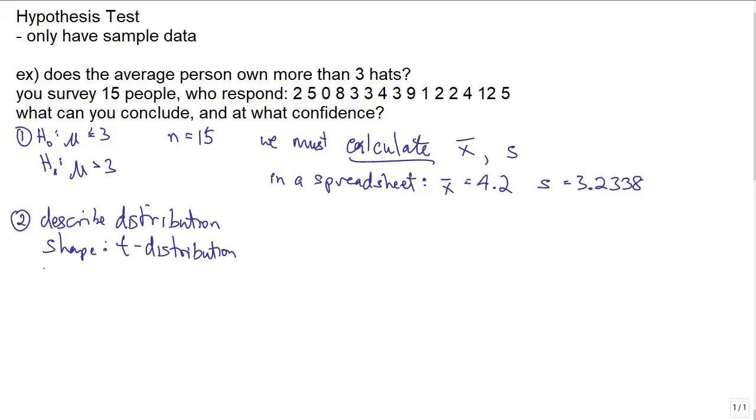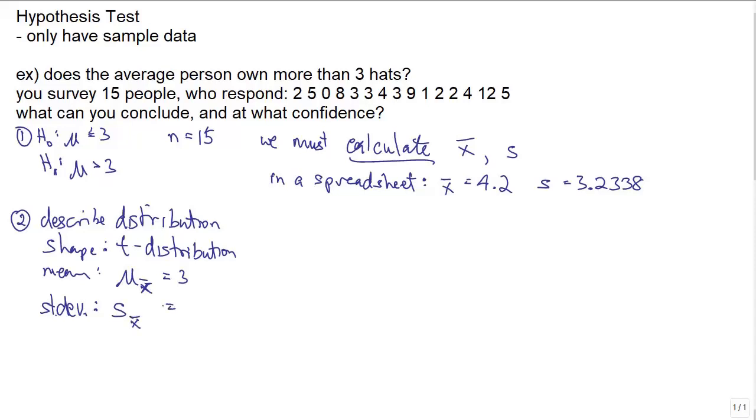And then we're going to say the mean. The mean is the mu of the x bar, and for mu of x bar, we're going to use the value from the claim, and that value is 3. Next, we need the standard deviation of our distribution. So this is going to be S for x bar.